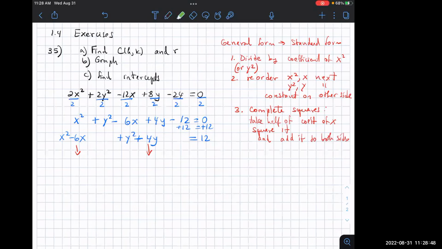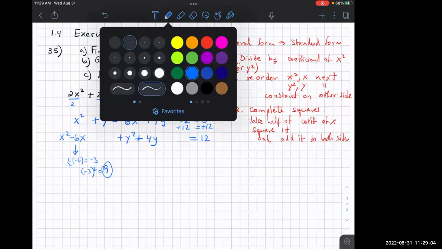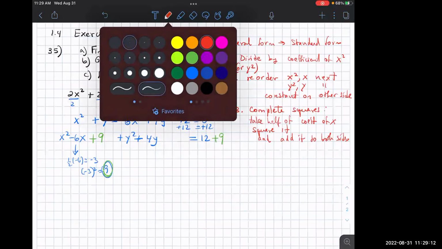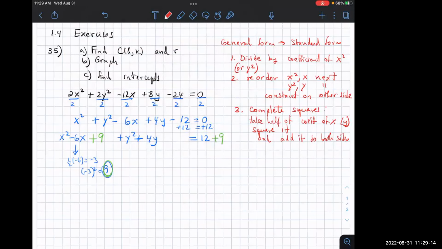So I take half of -6, that's -3, square -3, and that's the quantity that I add to both sides. Oh, I guess we were doing colors. So +9, +9, and I do the same thing for y.